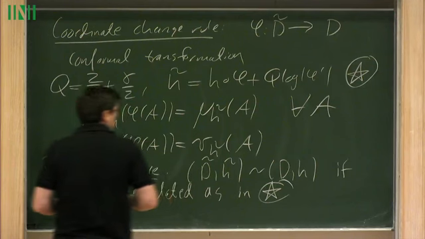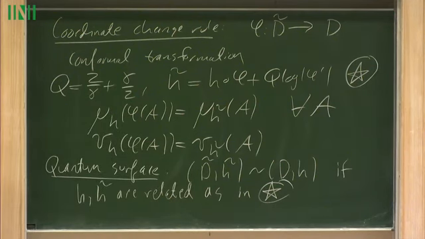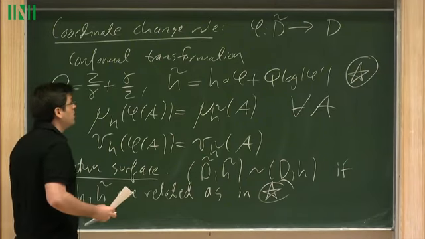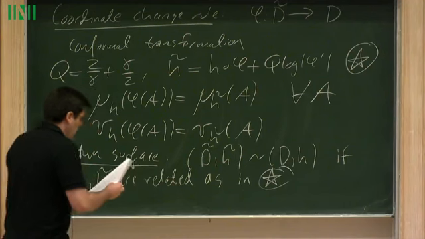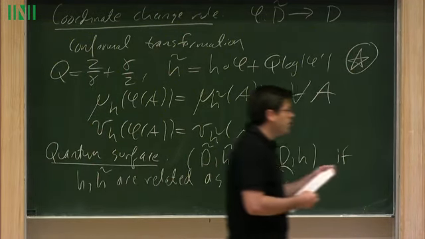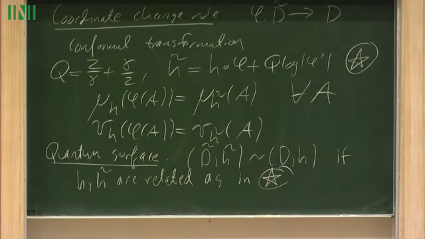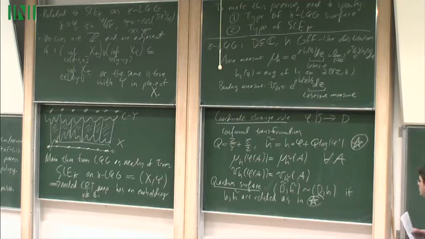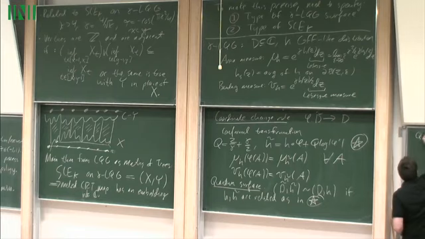And a quantum surface is just an equivalence class under this equivalence relation, okay? Right. Okay, so now what I want to do is explain to you the particular type of quantum surface which comes up in the main mating of trees theorem. And this is something called a quantum cone.